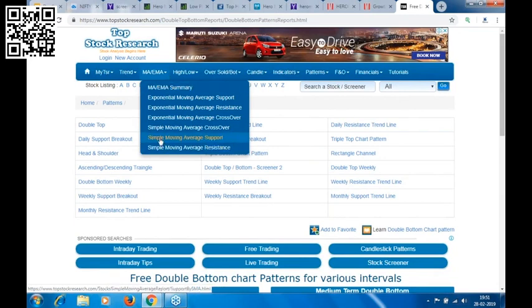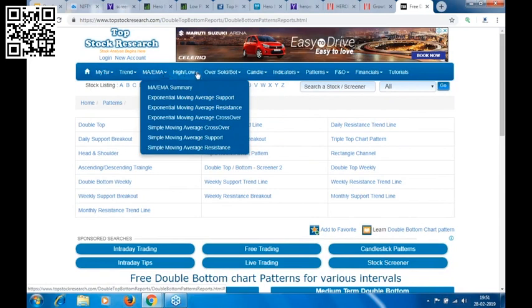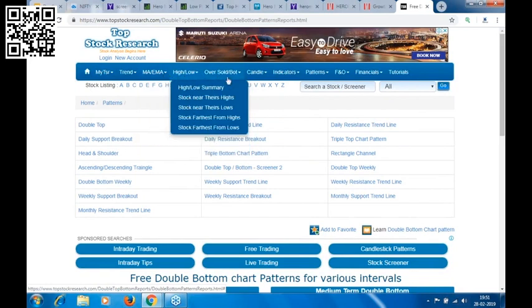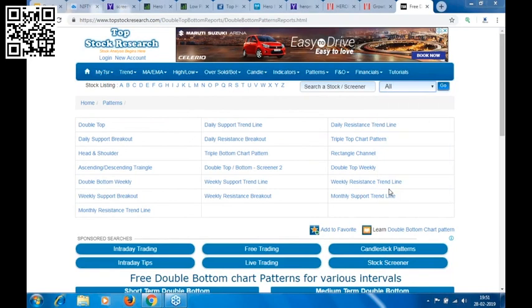Simple moving average resistance, simple moving average support. In this also you can customize your screeners, your alerts, you can create your watch list, your portfolio. So these are the important websites that you can use for your technicals as well as for your fundamental analysis.